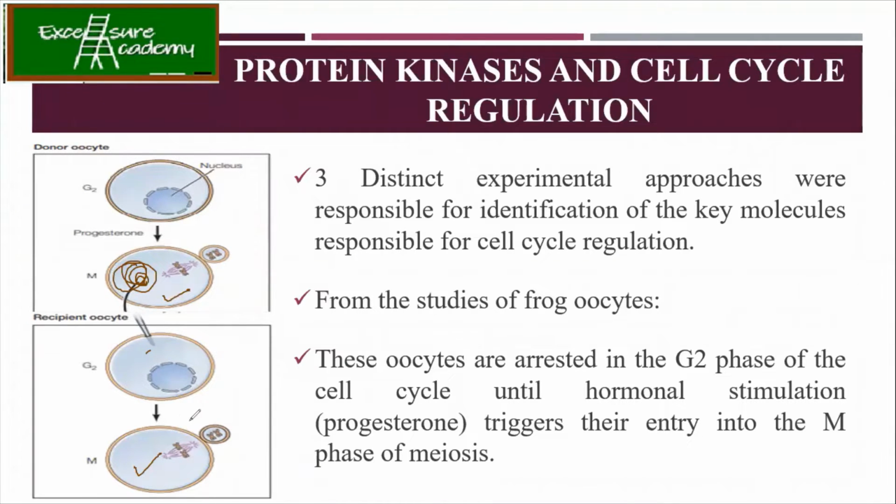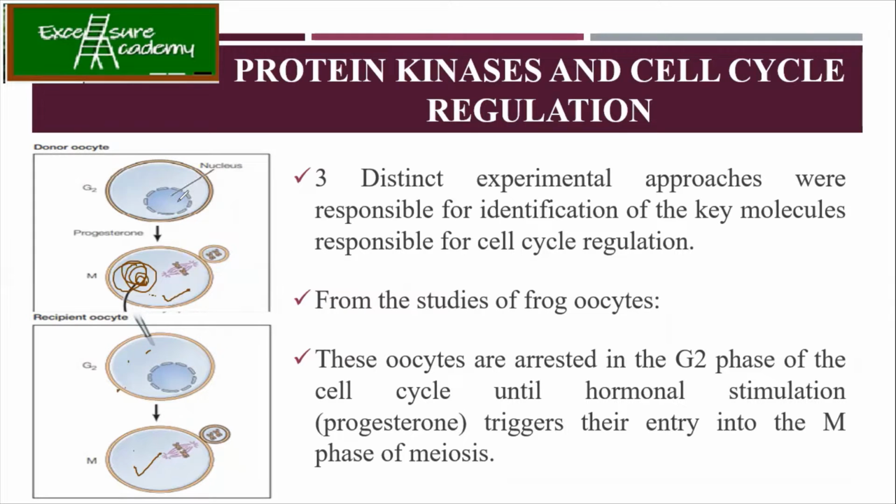So here no such additional stimulation was given, but the cytoplasmic factor which was taken from here was transferred to the recipient, and that induced this particular oocyte to undergo the mitosis. Did you get it over here? What is the experiment? The donor oocyte is arrested at the G2 phase. This is also arrested at G2 phase.